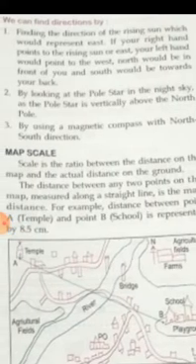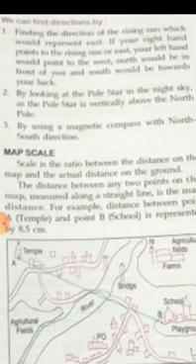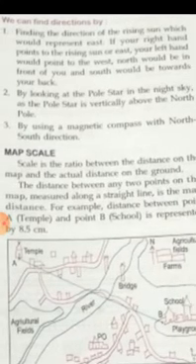Number two, by looking at the pole star in the night sky, as the pole star is directly above the north pole. So if you find north, then easily you can find south, and the right hand side will be east and left hand side will be west.